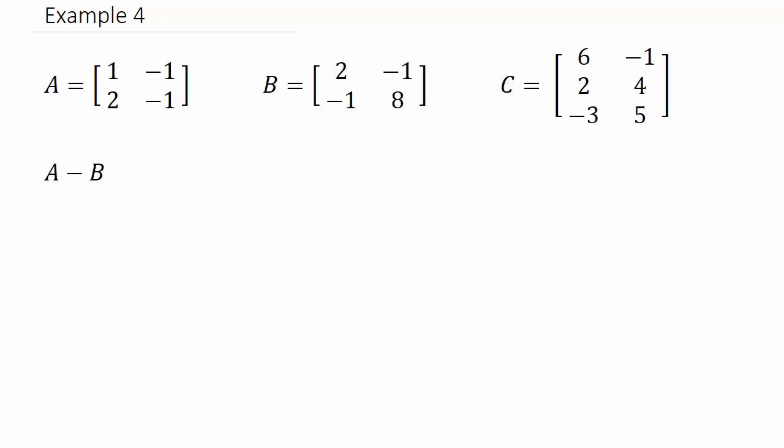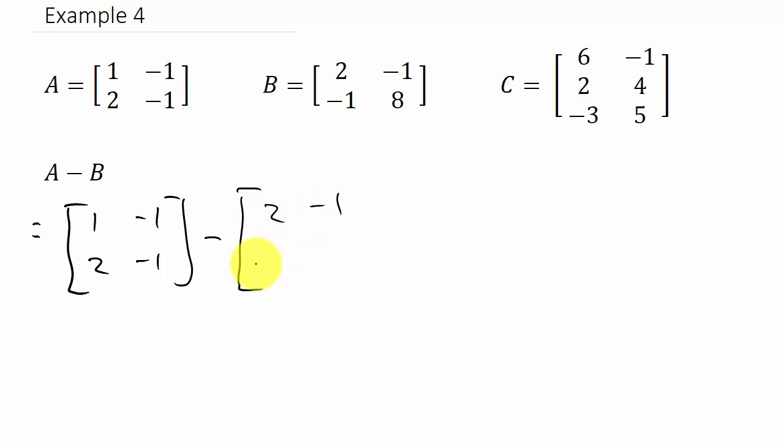Alright, now let's look at subtracting matrices. And subtracting matrices is pretty much like adding matrices. The dimensions have to be the same. So let's go ahead and write the matrices down. So matrix A, that's 1, negative 1, 2, negative 1, minus matrix B, which is 2, negative 1, negative 1, 8.